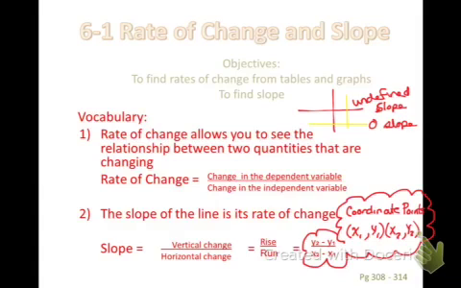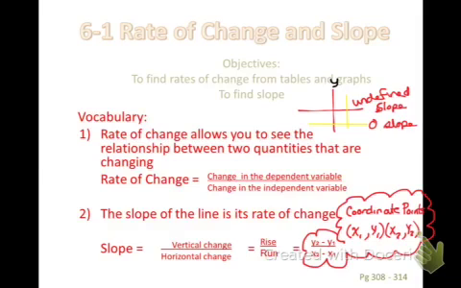So the rate of change looks like this. It's a change in the dependent variable, so something that depends on something else, over the independent variable. If you're looking at your coordinate plane, the line going up and down is your y line.